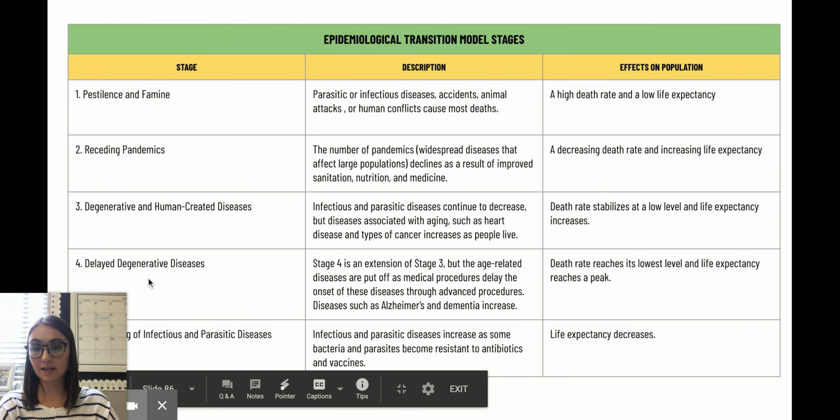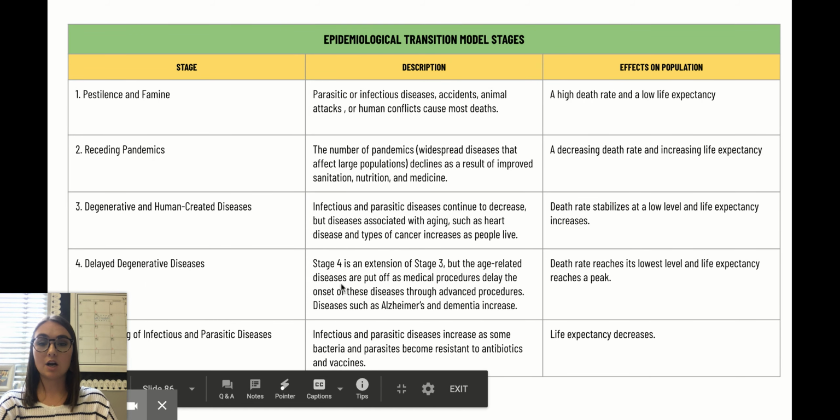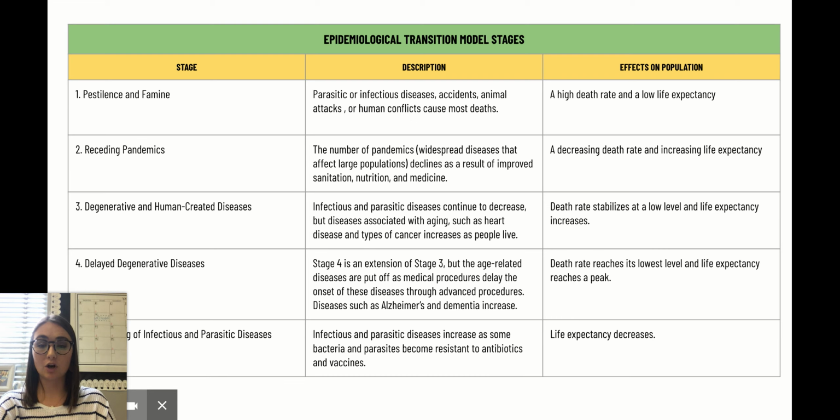When a country is in stage 4, remember this is where the United States is if you want to use that as a reference. Stage 4 is an extension of stage 3, so they're pretty close. But the age-related diseases are put off as medical procedures delay the onset of these diseases through advanced procedures. Diseases such as Alzheimer's and dementia increase because life expectancy reaches a peak.